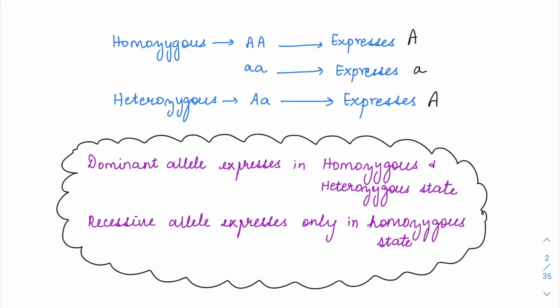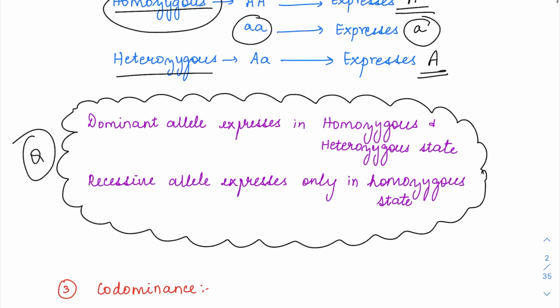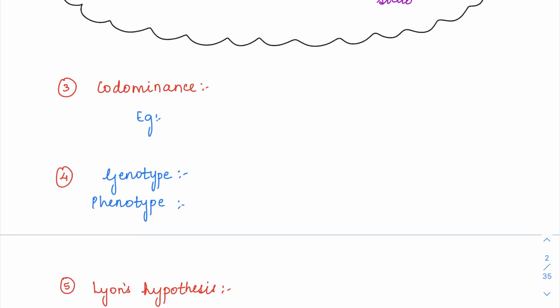In other words, a dominant allele is expressed both in a heterozygous state and in a homozygous state, while a recessive allele is expressed only in a homozygous state. Okay, so this is very important. So next we'll see about codominance.